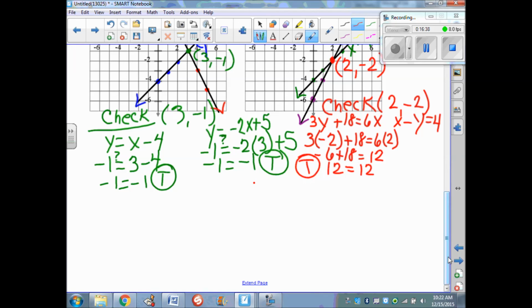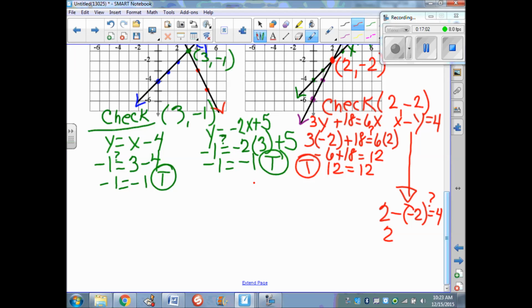So far, our solution is good for the first equation, but it's got to be good for the second equation too. I'm just going to write this down here so I got a little bit more space. So plug my x value in, 2 minus my y, which is a -2. Does that equal 4? Put a question mark. Oh, I forgot my question mark in that second one. Or the first one I did. There we go.